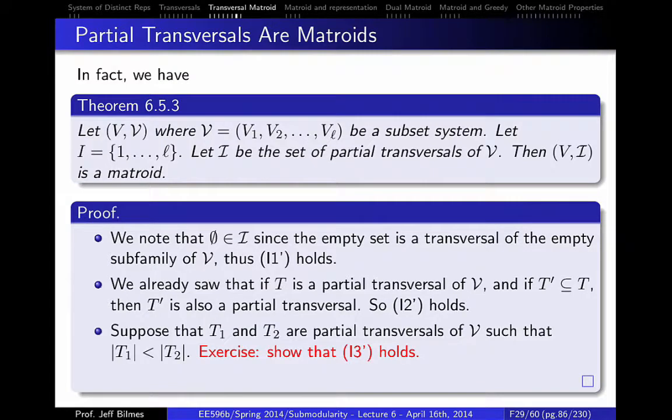Now this is the hard part. We want to show that if T1 and T2 are partial transversals such that one is bigger than the other, then there exists an element in the larger one that can be added to the smaller one that keeps it a transversal.